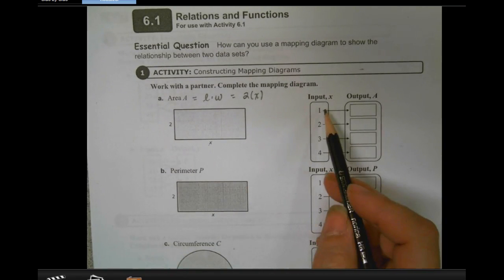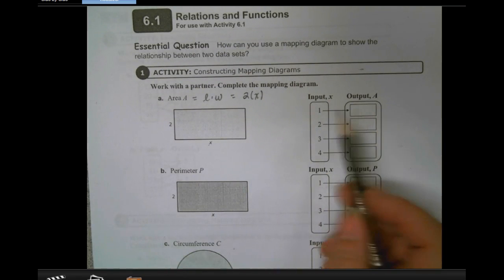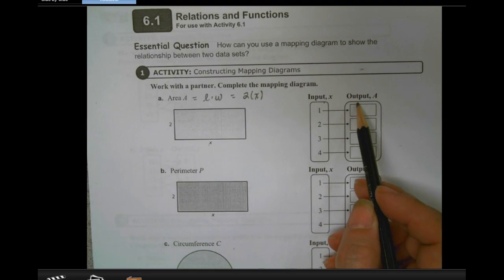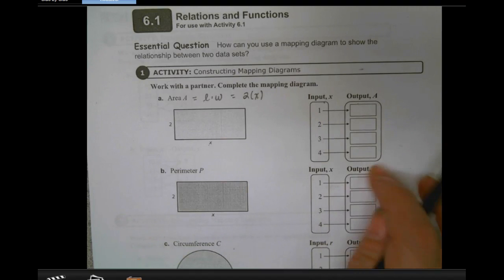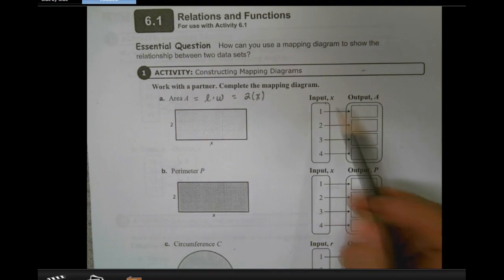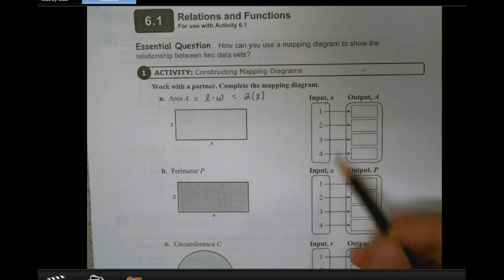So remember we talked about our input and our output. Input is the money you put into the vending machine. Output is what comes out. For it to be a function, when you put in money, you only get 1 item out. If you get 2 items out, it's not working. It's not a function. So input, they gave you the numbers here.